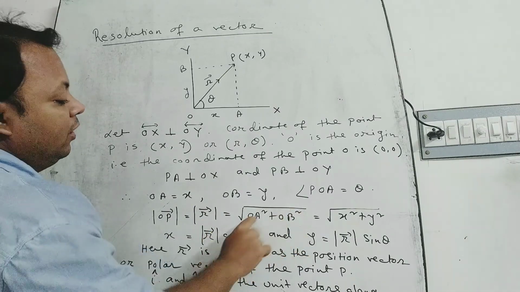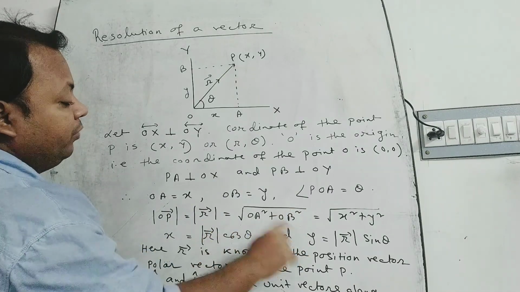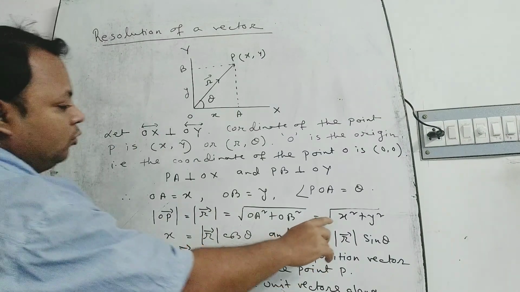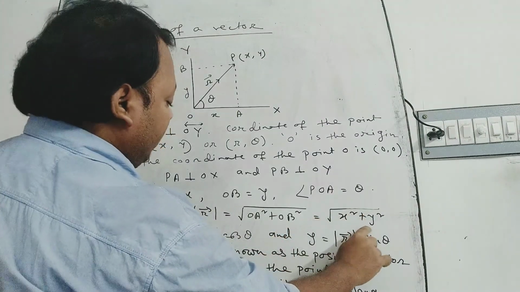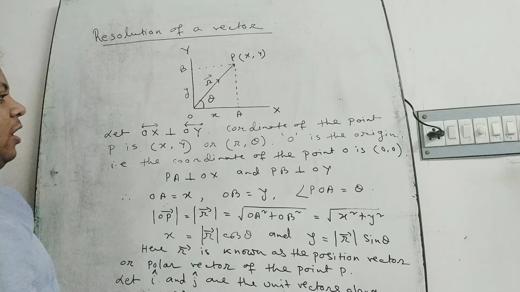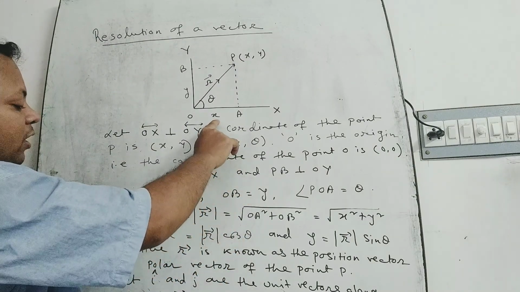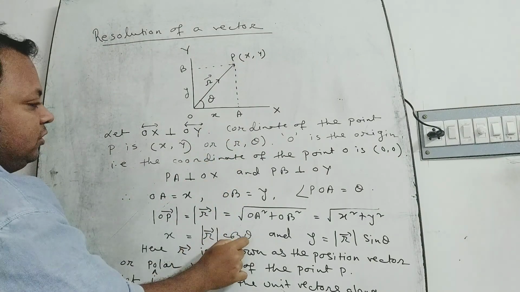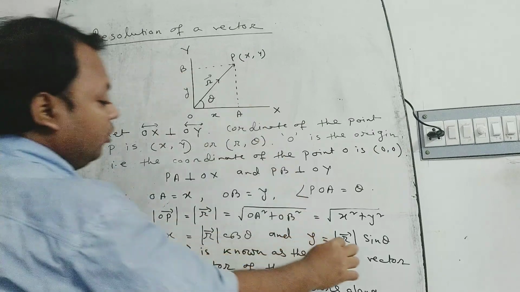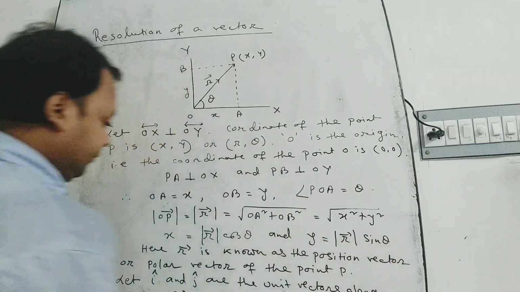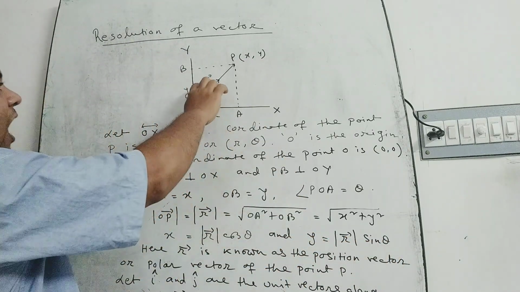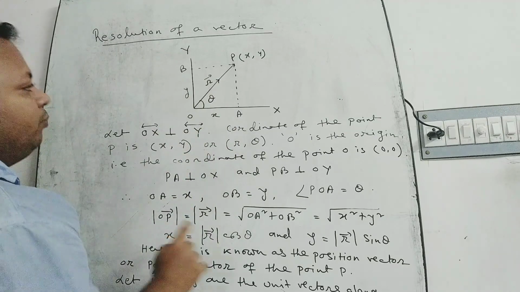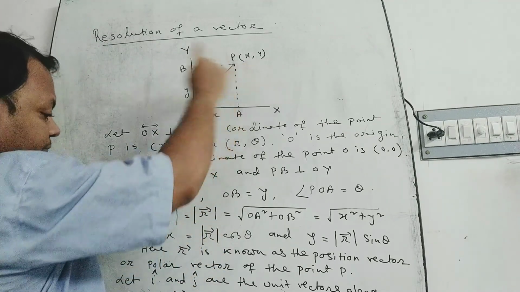This is equal to the square root of OA square plus OB square. This is equal to the square root of x square plus y square. And x is equal to mod of r cos theta, and y is equal to mod of r sin theta. Here r vector is known as the position vector of P.